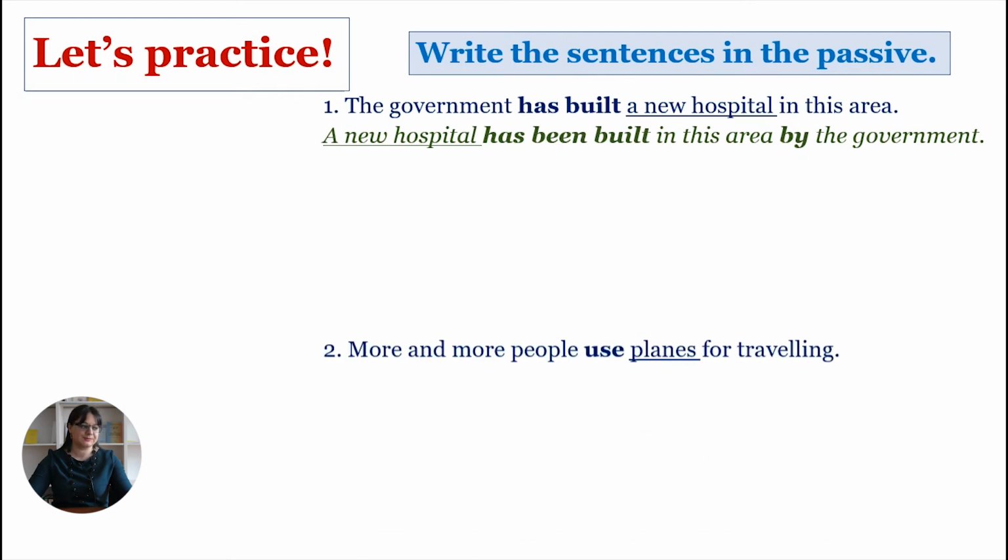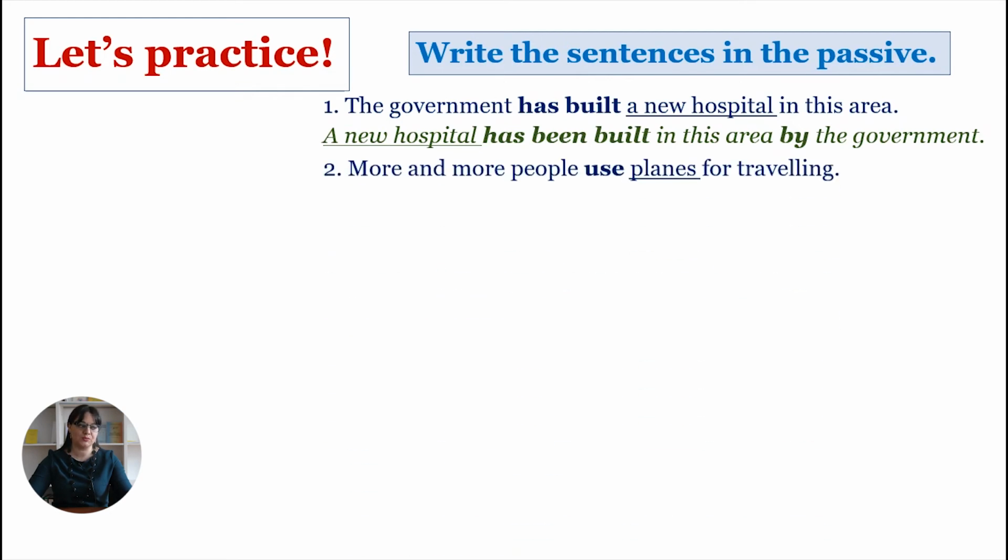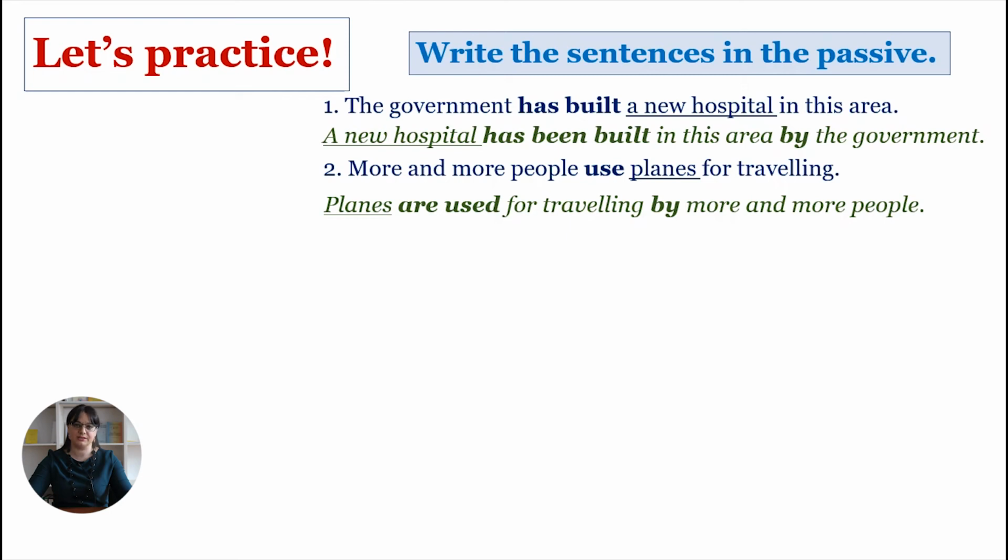The second. More and more people use planes for traveling. Planes becomes the subject of the passive sentence: are used for traveling by more and more people.